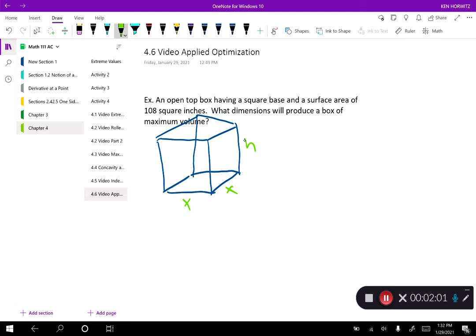So let's start out by writing down things we know. The volume of a box with a square base is just going to be length times width times height. And if the length and the width are both x, the volume is going to be x squared times your height. And this we're going to call our primary equation.